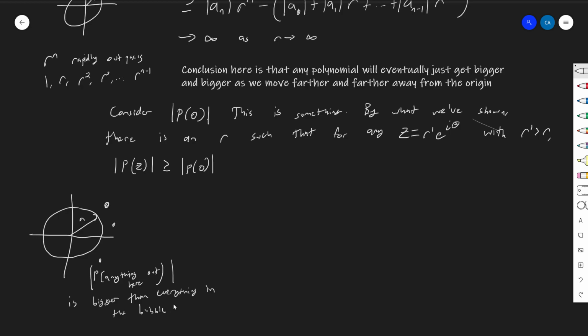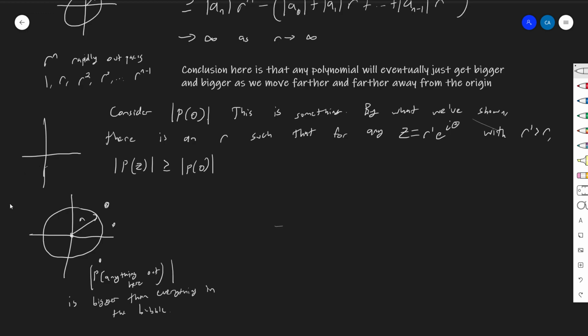So what I want to do now with that is, maybe I don't know where p of 0 is exactly. I guess p of 0 is right here. But there's some bubble where I know I'm going to be only bigger than p of 0. It may be helpful to think of these things in 2D, even though we're really concerned with polynomials over the whole complex plane.